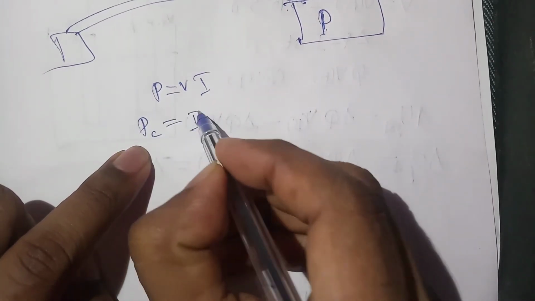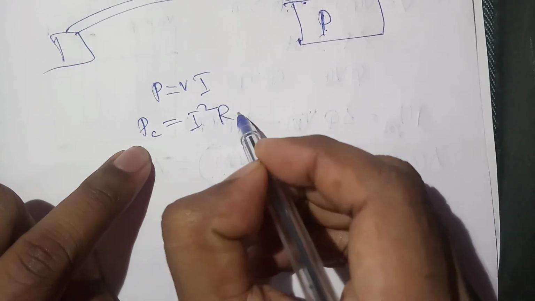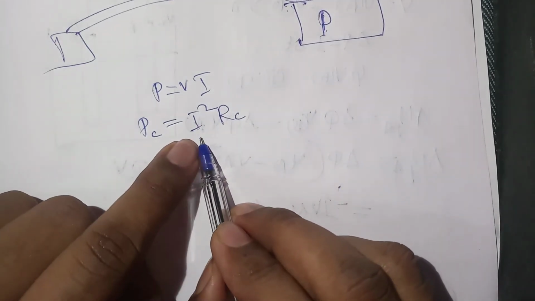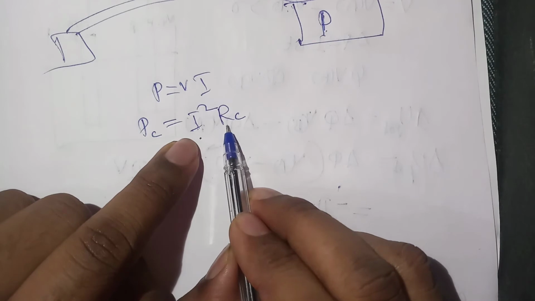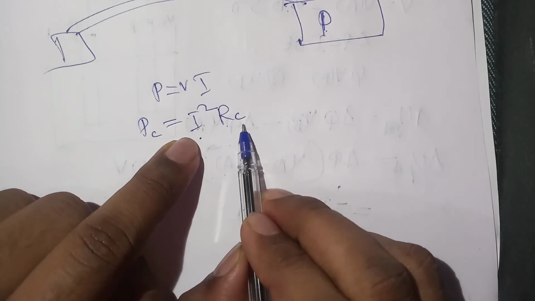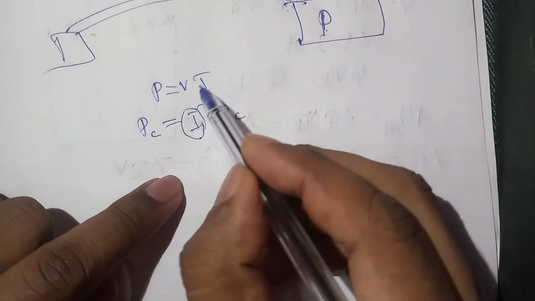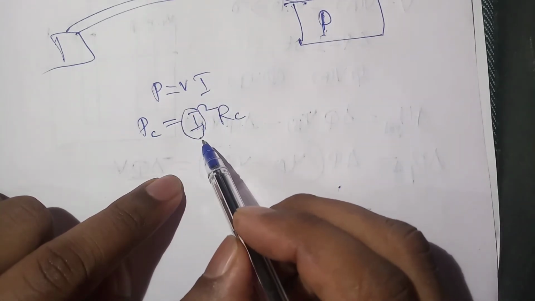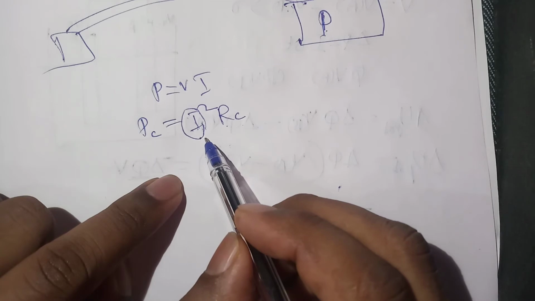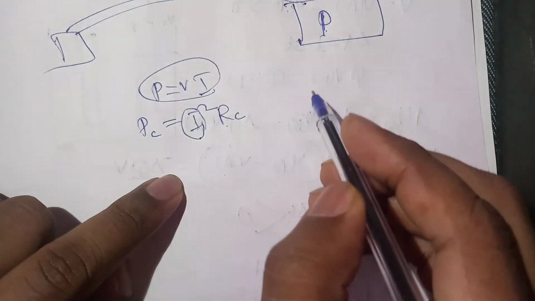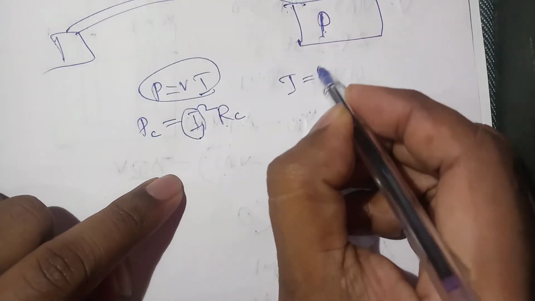That will be I square into RC, where I is the current passing through the conductor, and RC is the resistance of the conductor. How much current will pass? We can take that from this equation: I is equal to P by V.